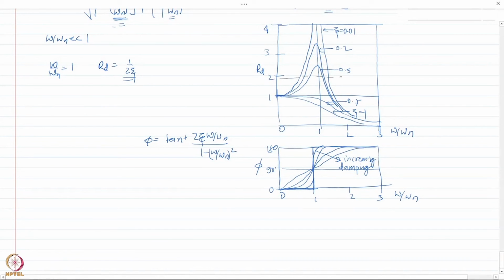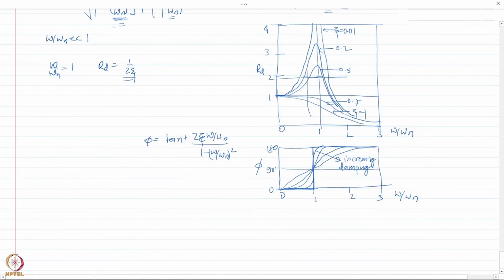So you would ideally like to design a system for which you can appropriately provide damping so that the response is within this level. Or you can design your system based on the frequency, so that it always falls in this zone.